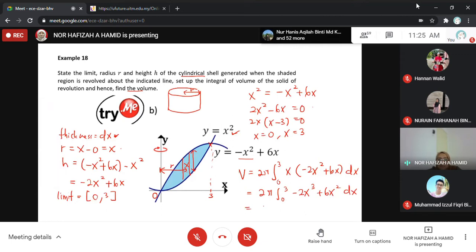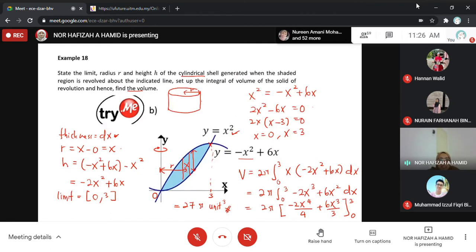Okay, so equal to 2 pi, so you nak integrate, x^4 over 4 plus 6x^3 over 3, from 0 until 3. Okay, so you dah integrate, nanti substitute lah value upper and lower limit. Okay, so substitute upper and lower limit, and you get the final answer is equal to 27 pi unit cube. Okay, so ini for example 18B.